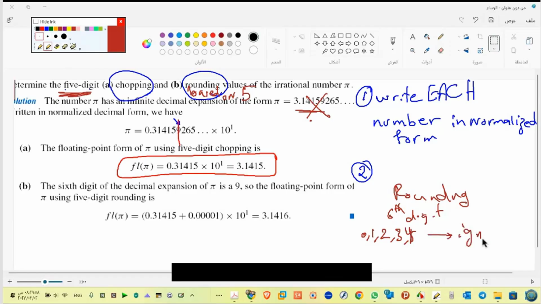Ignore it, forget it. Now if my number is 5, 6, 7, 8, or 9, add 1 to the previous number.